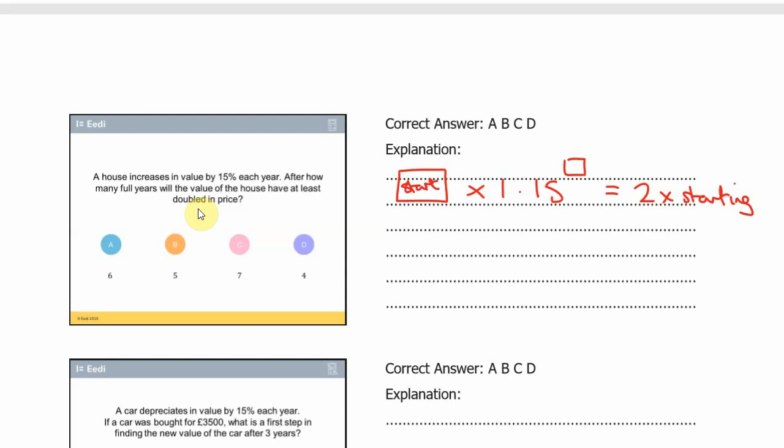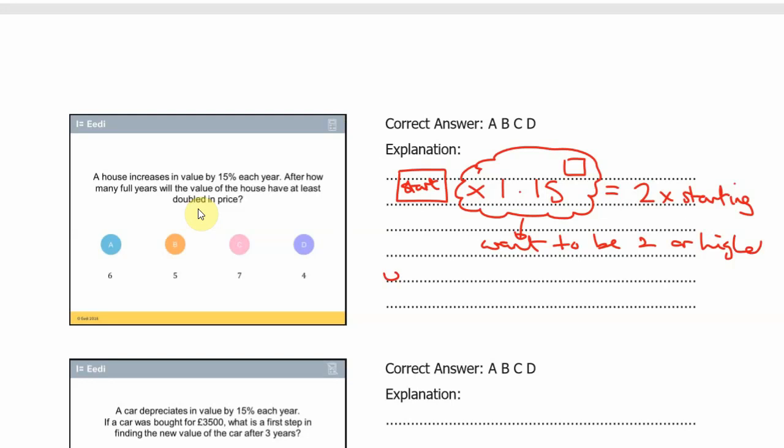2 times the starting value. We basically want to think, well, this we want to be 2 or higher, because we're going to do the starting value times this. So as soon as that gets 2, we've doubled the starting value.